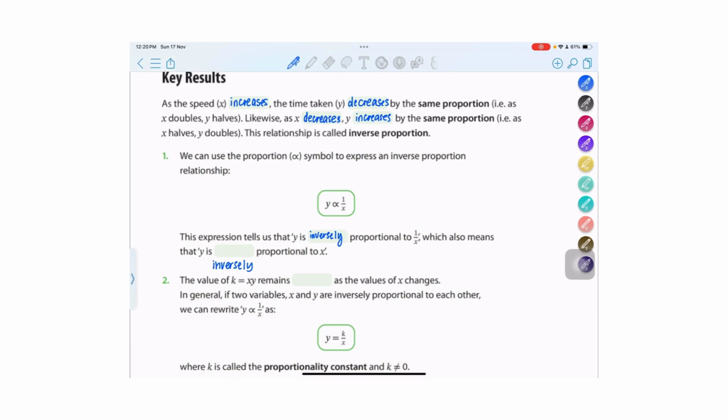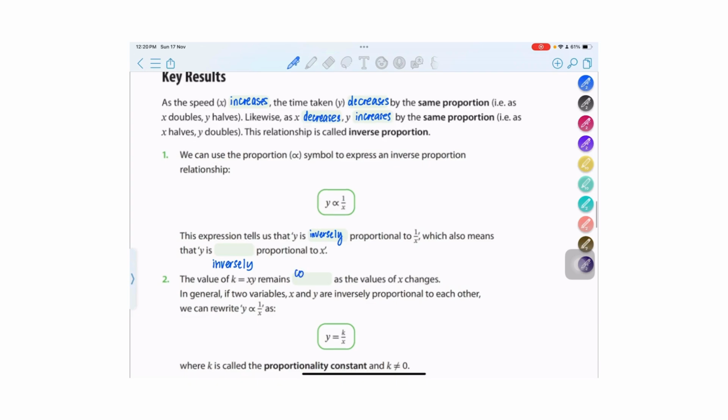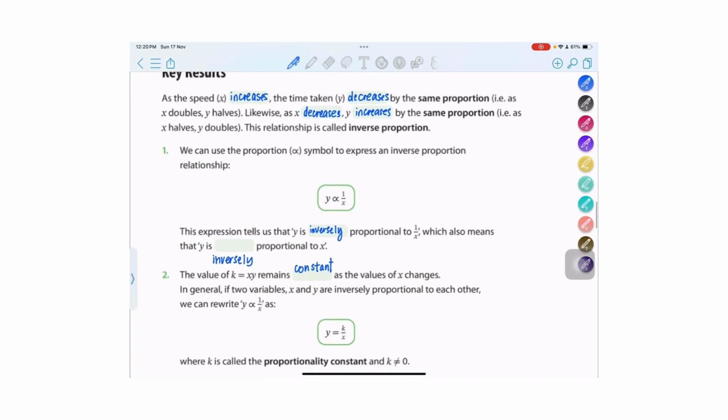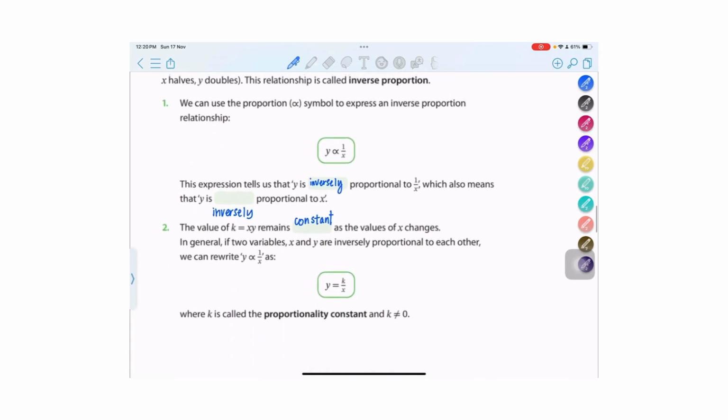The value of k is equal to x times y, and that remains constant as the value of x changes. So in general, for inverse proportions, we can write y inversely proportional to 1 over x. The general equation is y equals k over x, whereby k is called the proportionality constant.